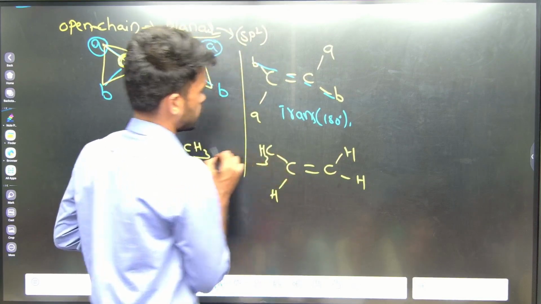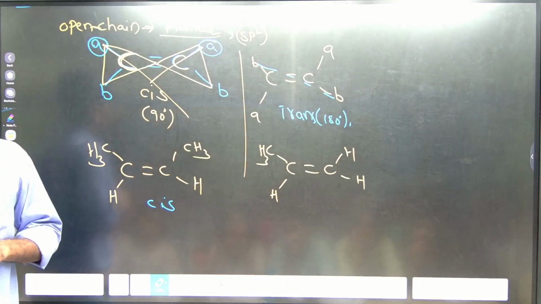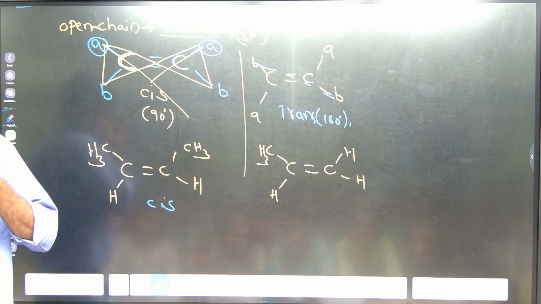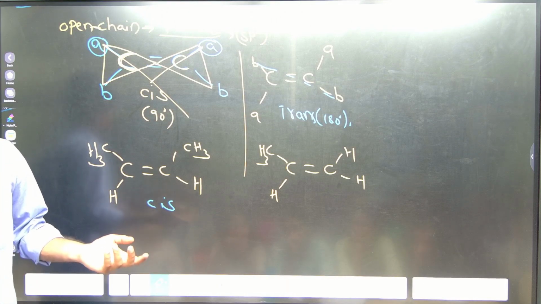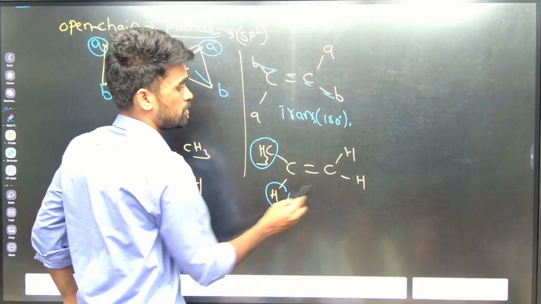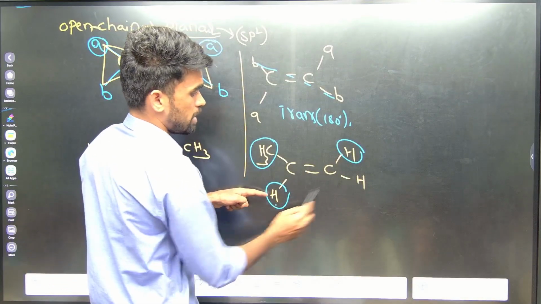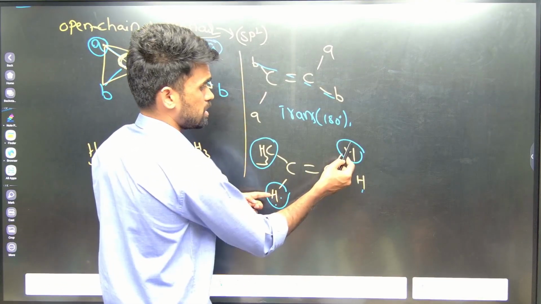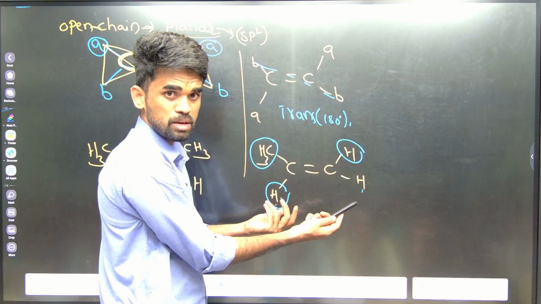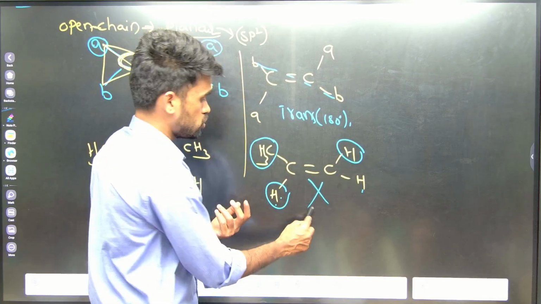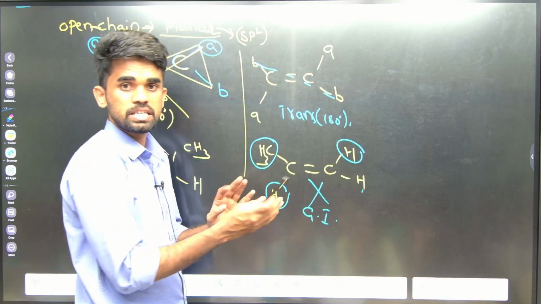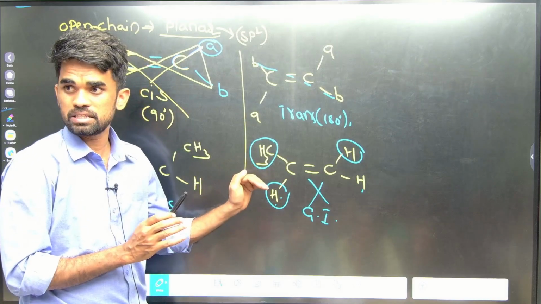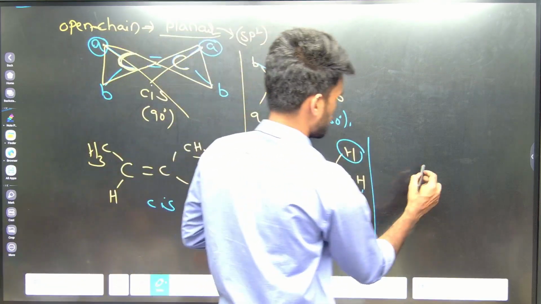What about this? You cannot decide. Here it is perfect, but what about this? With respect to this hydrogen and this hydrogen, you can say cis. With respect to this, trans, we cannot decide. So no GI, no geometrical isomerism, no cis-trans isomerism. Everyone clear with this?